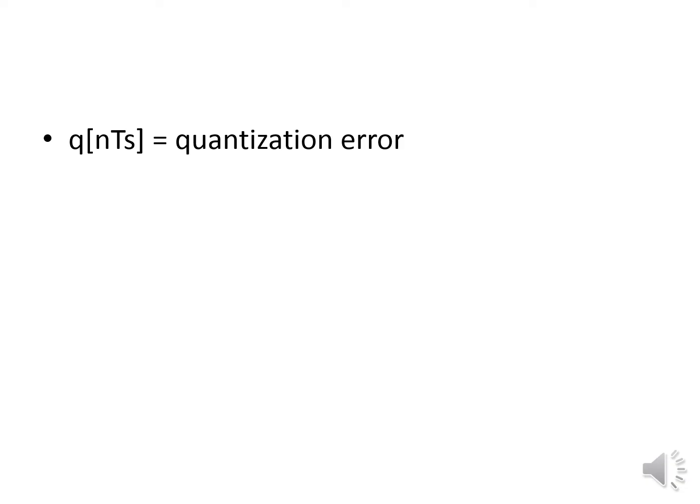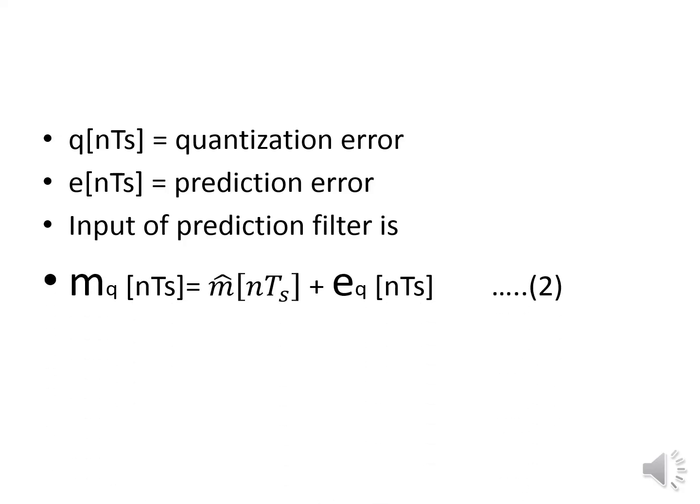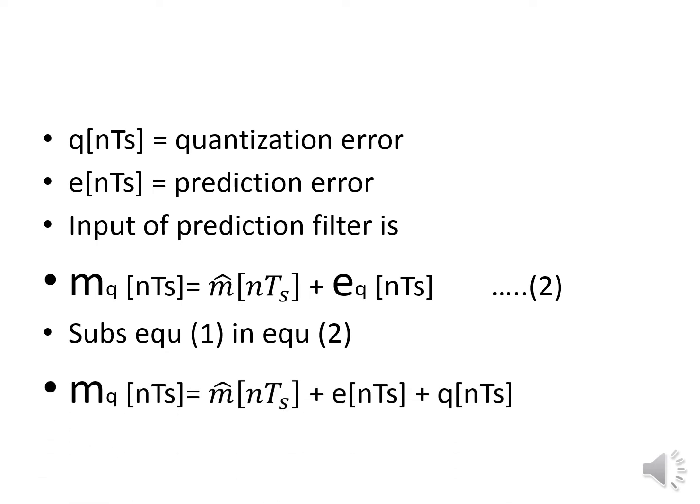where q(nTs) is the quantization error and e(nTs) is the prediction error. The input of the prediction filter is mq(nTs) equals m cap of nTs plus eq(nTs). Now we substitute equation 1 in equation 2, where mq(nTs) equals m cap of nTs plus e(nTs) plus q(nTs).